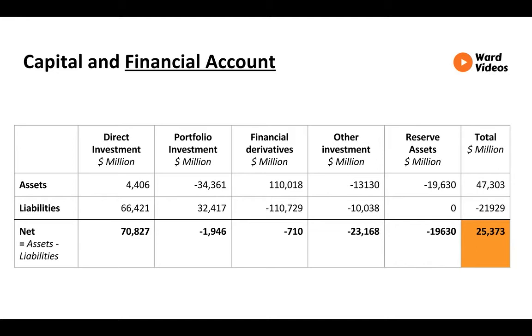The 5 categories of the financial account are: direct investment, which is investment by a resident in another economy of 10% or more of the voting power. Portfolio investment, this comprises bonds, notes and money market instruments. The owner is not assumed to have any influence in the operation of the enterprise.